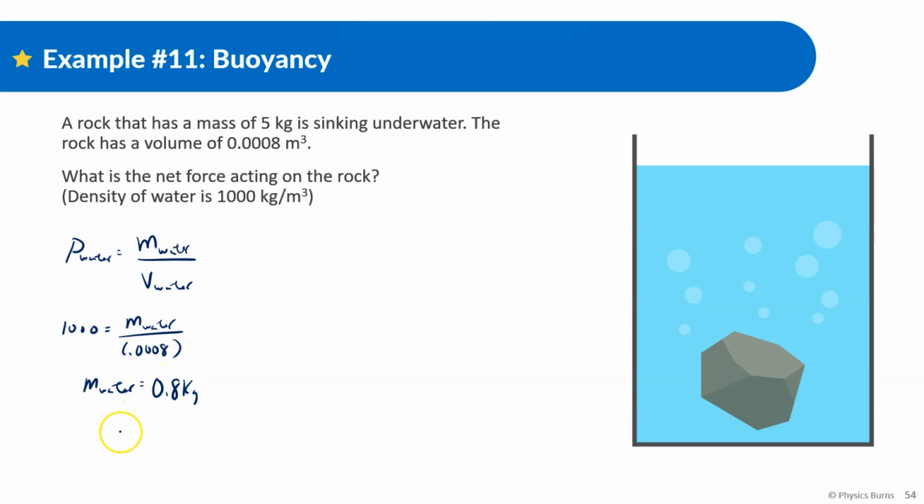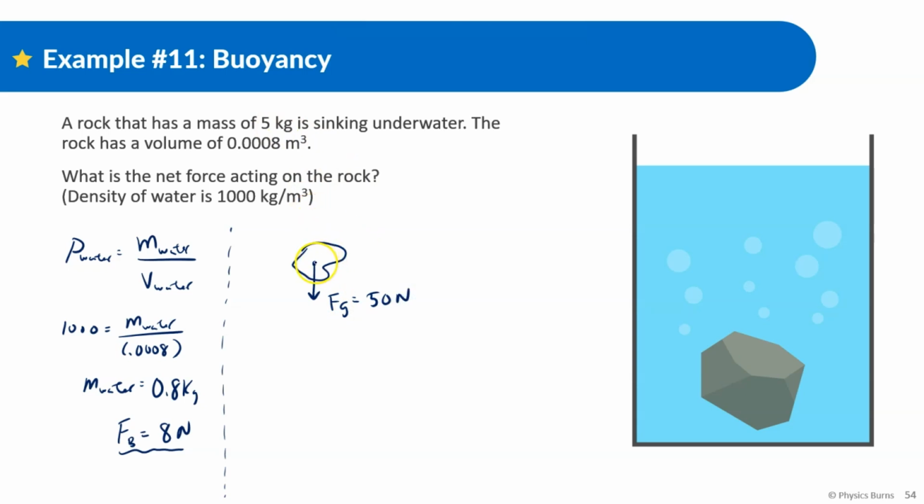So this is also going to tell us that the force of buoyancy, the force of gravity of the water it displaces, is equal to 0.8 times 10, so 8 newtons. Okay, so that's the amount of water that's displaced. So as this rock falls, we know that the force of gravity is equal to 5 times 10, which is 50 newtons.